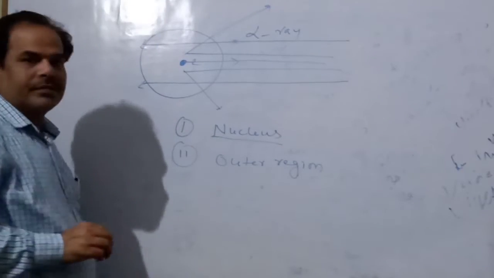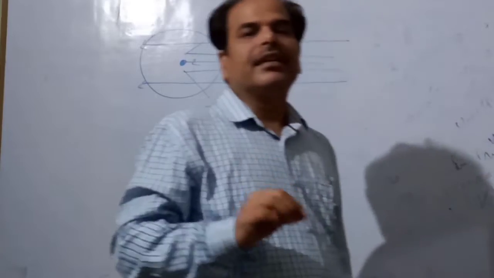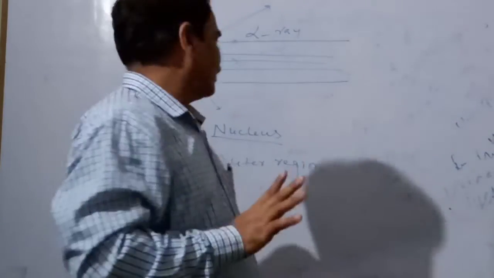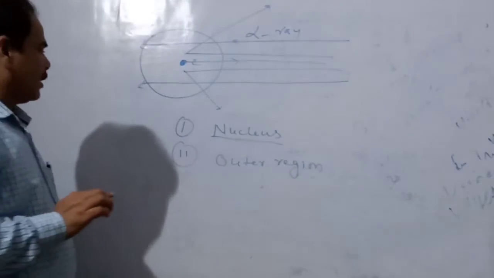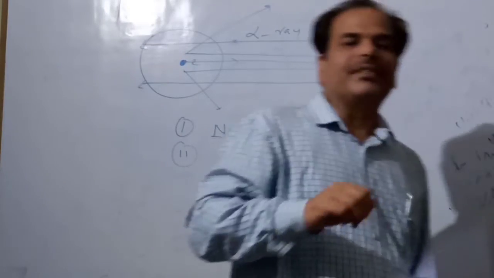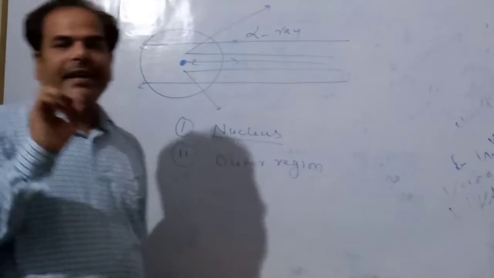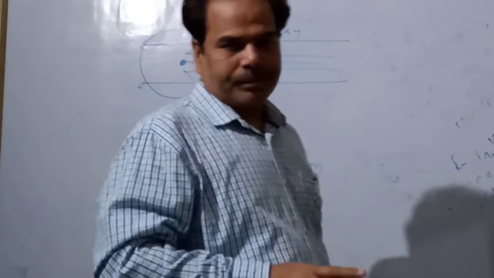The number of electrons and protons are equal since the atom is neutral. And the radius of the atom is equal to 10 to the power minus 13 meter.